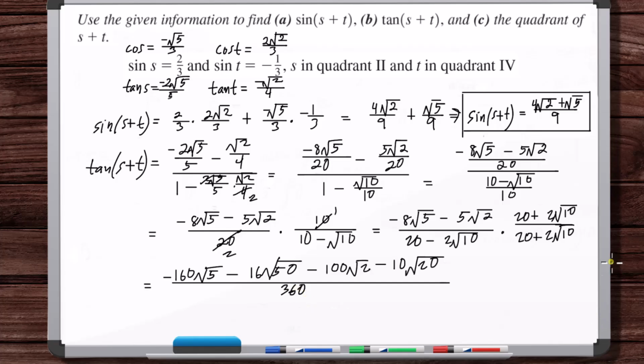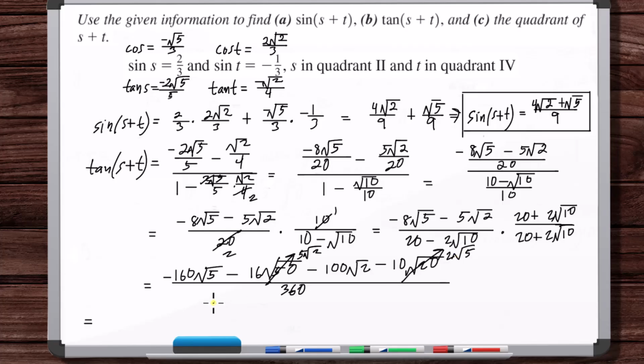Okay, so 50 is 25 times 2, so root 50 we could write as 5 root 2. All right. 20 is 5 times 4, so we can write that as 2 root 5.